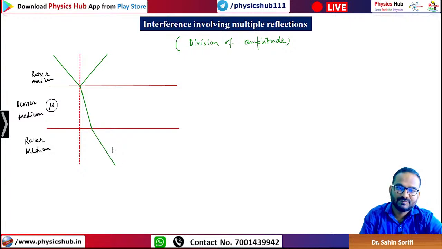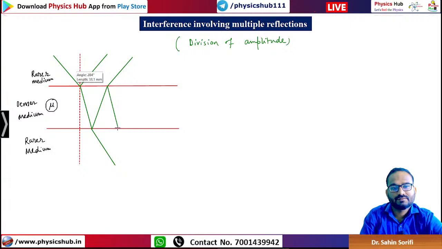normal. Now this ray will also get reflected from this hard surface. It will go there, and as you can see, it will get transmitted. You can draw a normal here; it is going to the rarer medium, so it will go away from the normal, parallel, let's say.